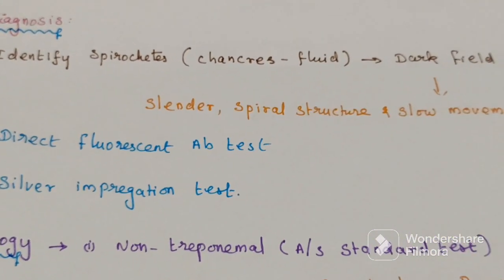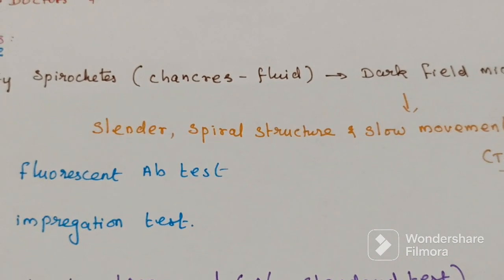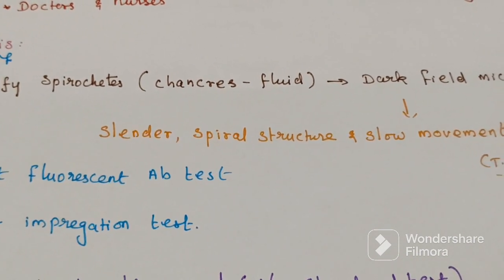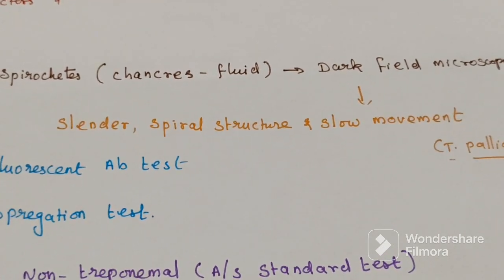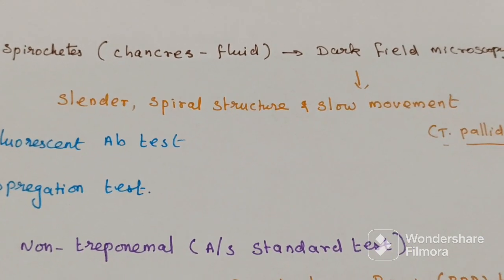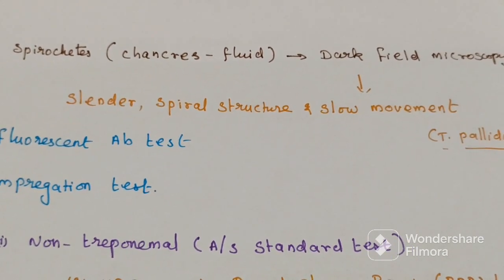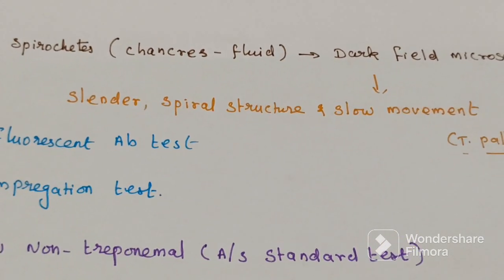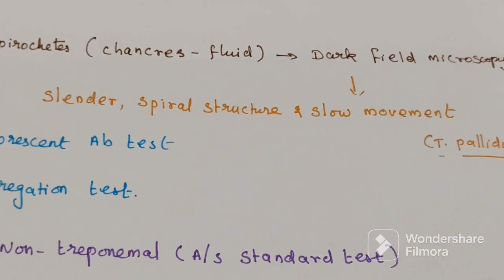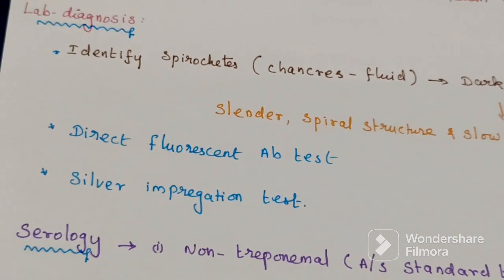A dark field microscope is used, in which the slender spiral structure and the slow movement of Treponema pallidum can be identified, indicating the presence of Treponema pallidum.